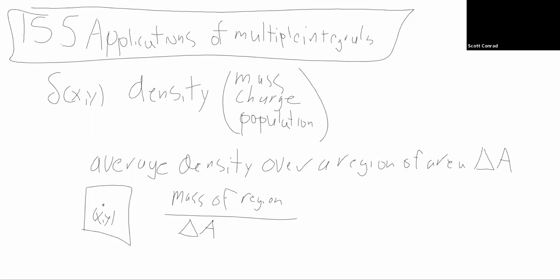So basically, if you want to find the density function at a point, you surround it with some small region, and you look at the average mass, and you take that region, you make it smaller and smaller, and you take the limit as delta A goes to 0.